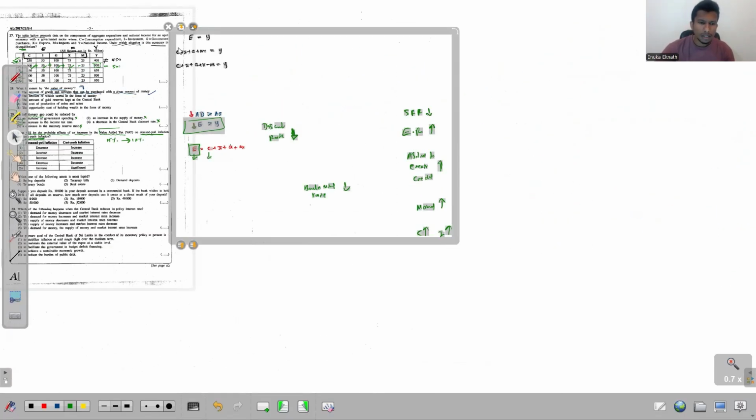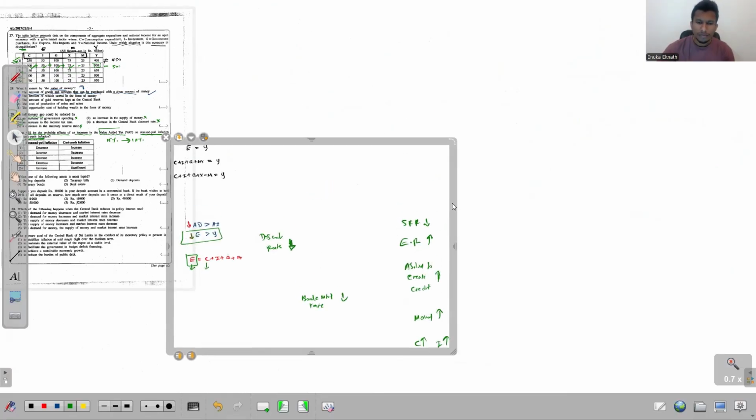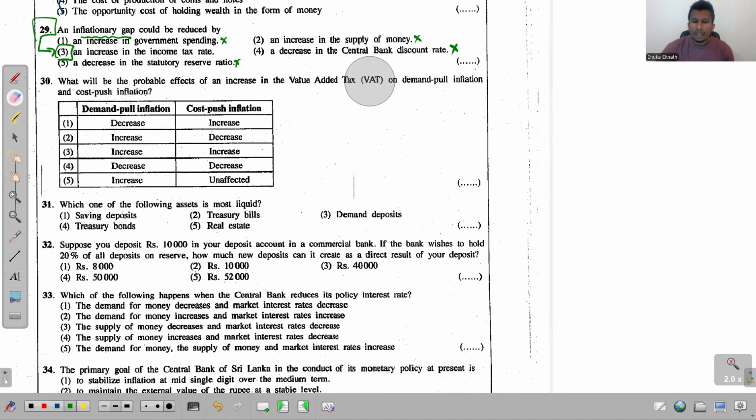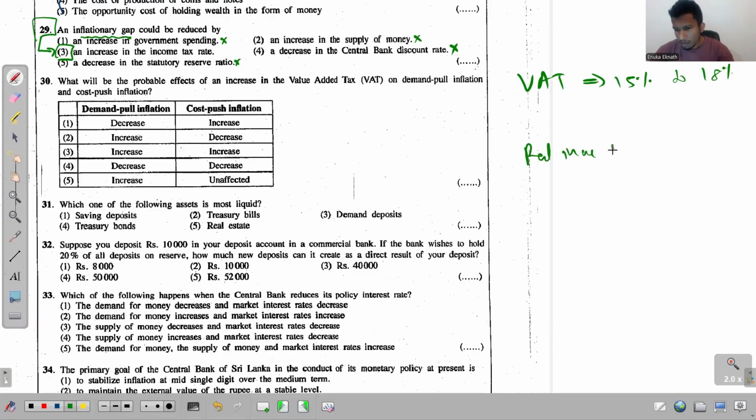Okay, we will send this to the other side. All right, now look at this one. Right, so just think that VAT gets increased from 15% to 18%. So when the VAT is increased, what happens to the individual's real income, the purchasing power? Real income, let me write, real income decreases.